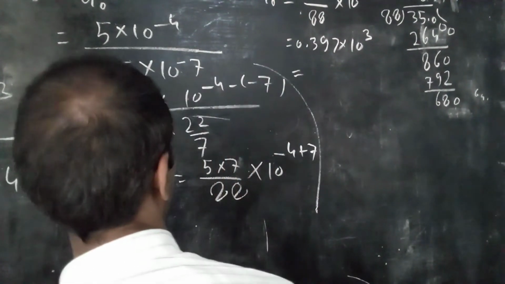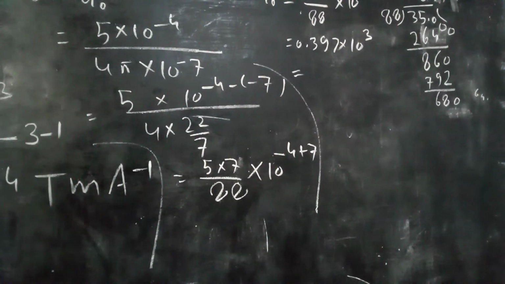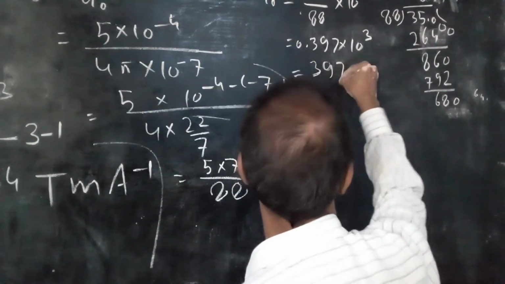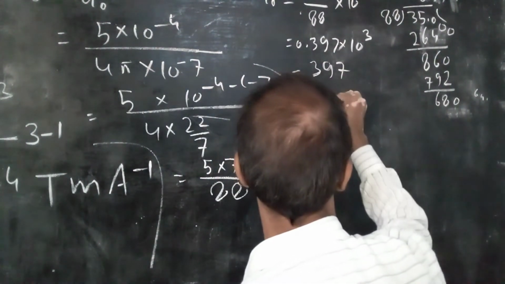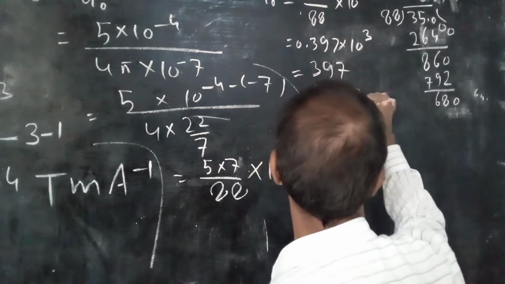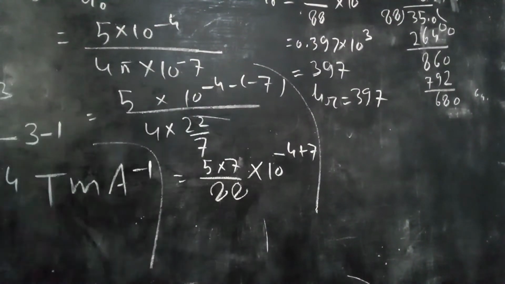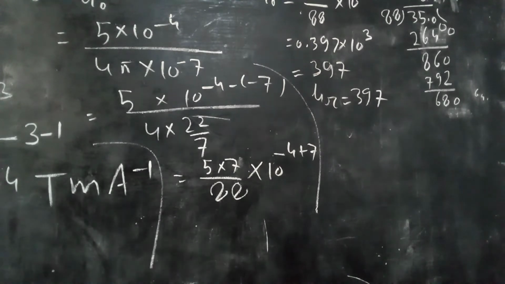When you multiply by 1000, the decimal shifts three digits right. So you get 397. So this is the relative permeability of the material.